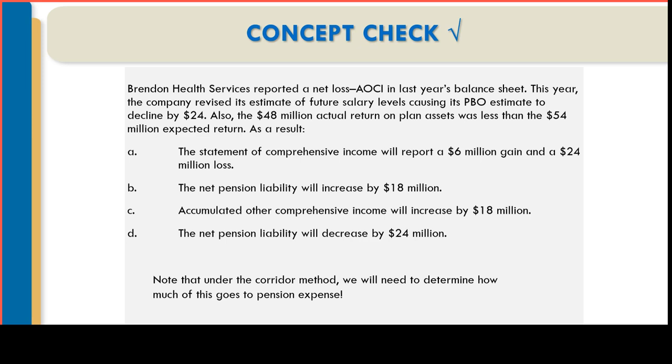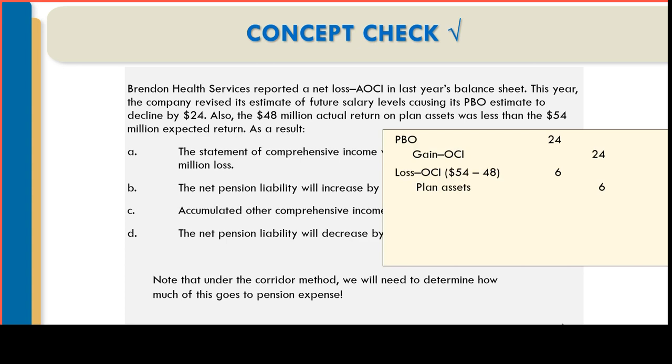If you decline or reduce a liability, I would say that's a gain, right? So that's a gain of 24, and the actual return on plan assets was less than 54. I would call that a loss, and it is actually a loss of 6. So what you're going to do on this thing is you're going to net these two things, and the net of the two things will cause a change in comprehensive income.